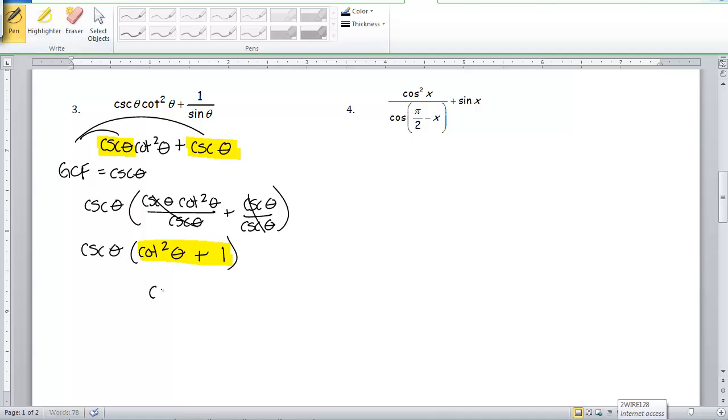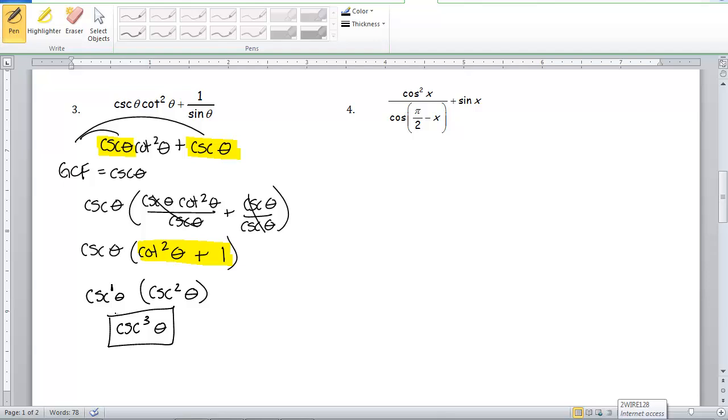That's the same thing as cosecant squared. So I can replace those two terms with the one term cosecant squared. Then multiplying cosecant to the first times cosecant squared, I add the exponents and get cosecant cubed. Because again, that's one term, I know I'm done.